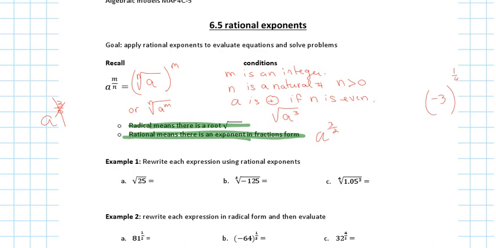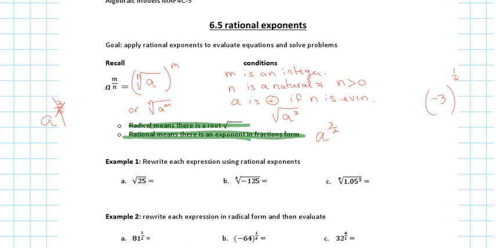Okay. Try it out on a calculator. What do you get? Put the negative in brackets. So negative 3 in brackets, to the power of 1 over 4.